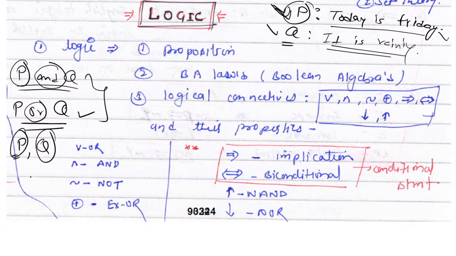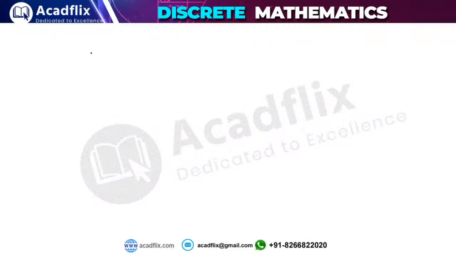Let me tell you what are the connectives that we are going to see. The first connective we are going to see is negation, and this is the symbol we will use.